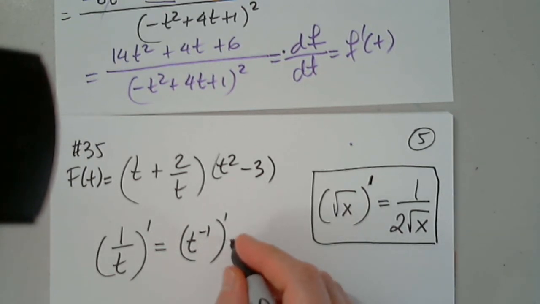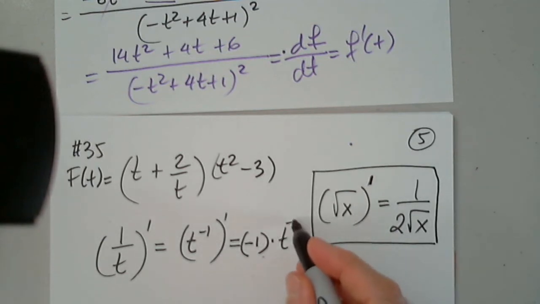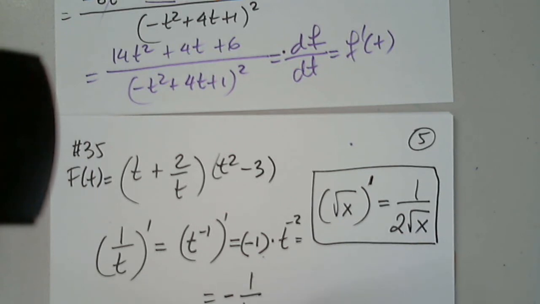So can anyone give us the derivative of this? It's the power rule, same thing. Bring down negative 1. Subtract 1 from the power, t to negative 2. And this changes into negative 1 over t squared.